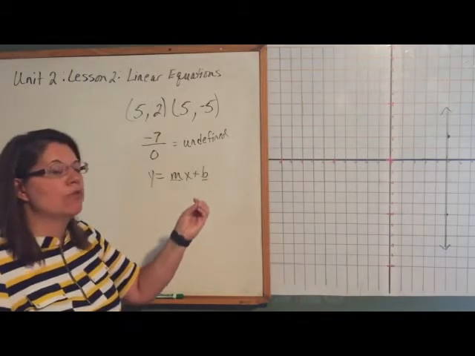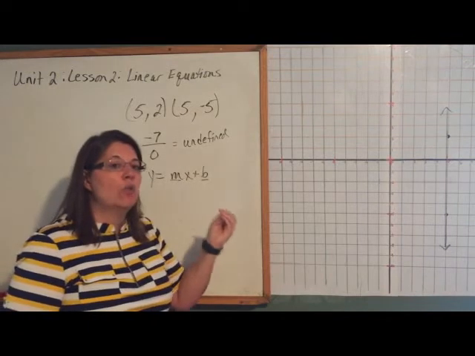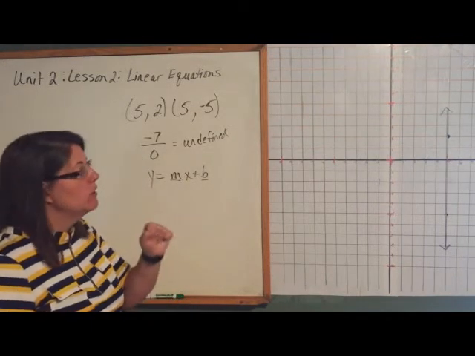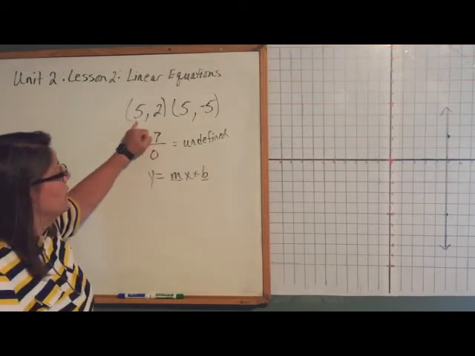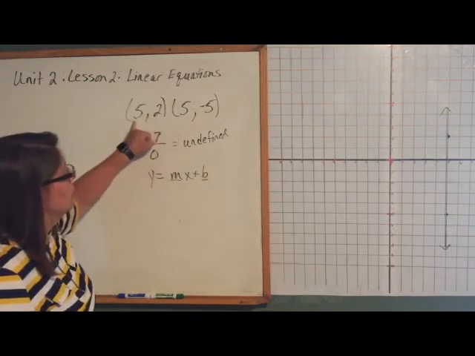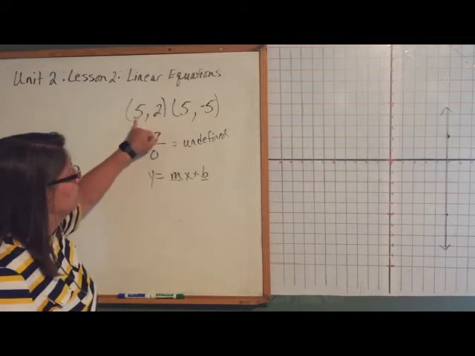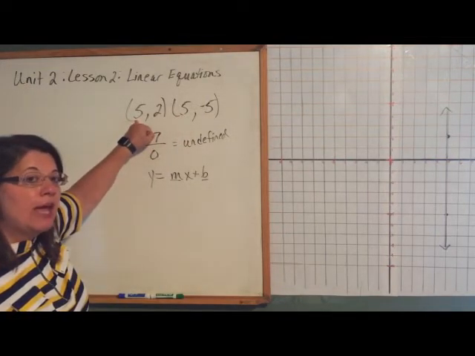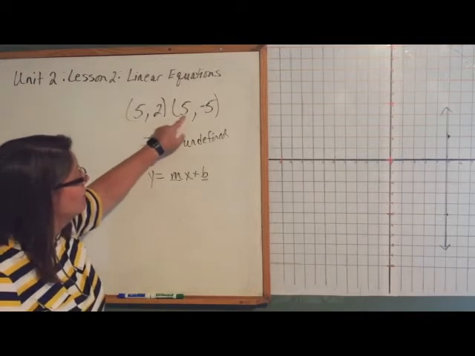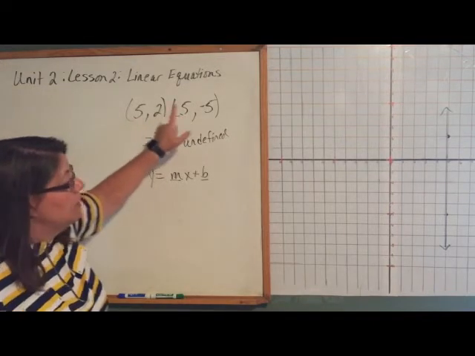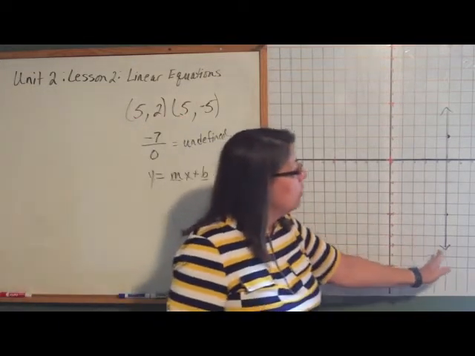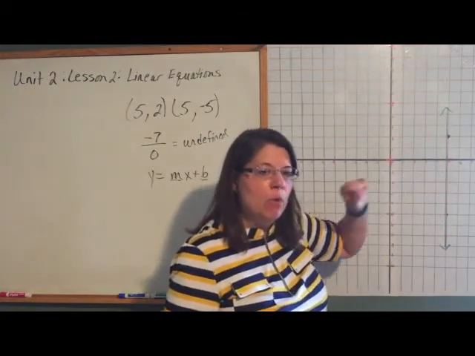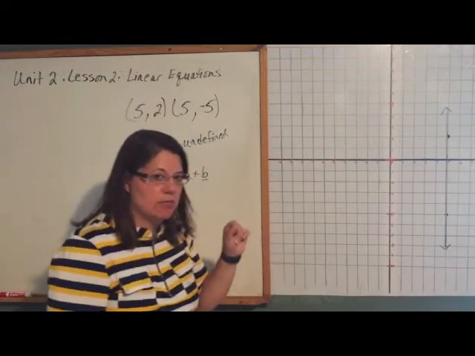All right? So we need to think about the knowledge that we said with the horizontal lines. We said that in a horizontal line, the equation was y equals whatever the y value was of the ordered pairs. Look at your x values of your ordered pairs in your two coordinates here. My x values are the same. If my x values are the same, well, automatically it's going to be a vertical line. Now, think about that when we talked about functions.